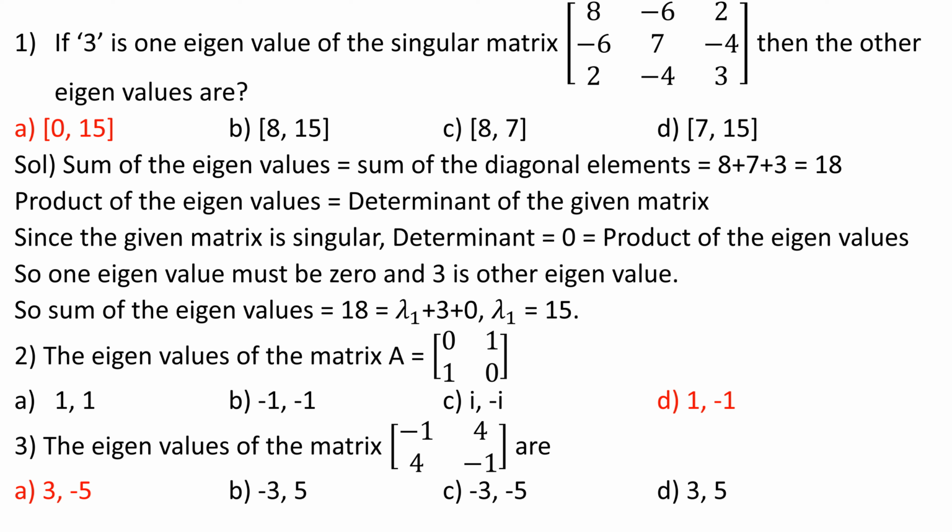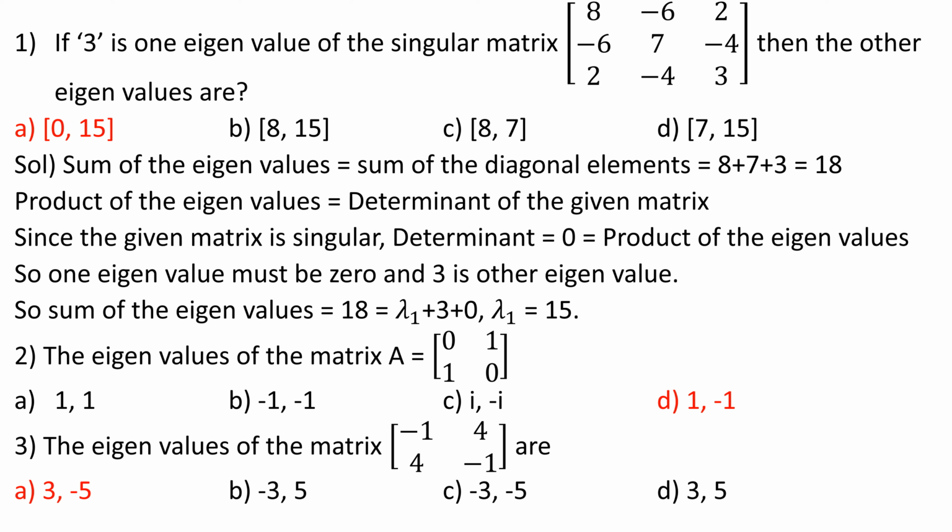So apply the concept: sum of the eigenvalues is equal to sum of the diagonal elements. So sum of the eigenvalues is equal to 8 plus 7 plus 3, that is equal to 18, and product of the eigenvalues is equal to determinant of the matrix. The question clearly mentions that it is a singular matrix, so singular matrix has determinant value 0, so product of the eigenvalues is equal to 0.